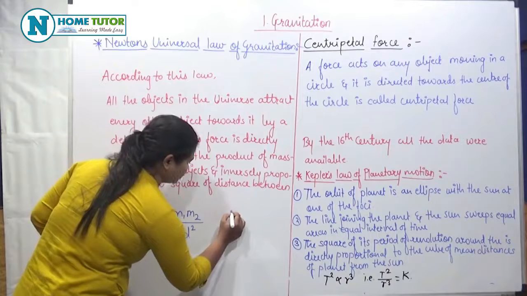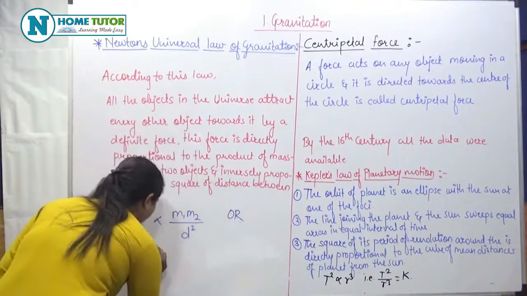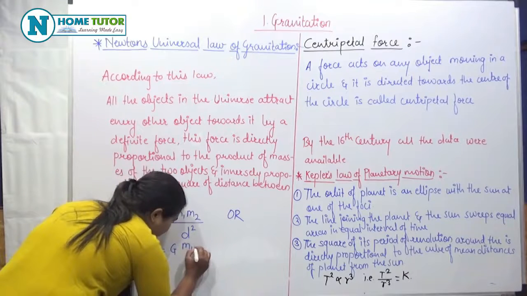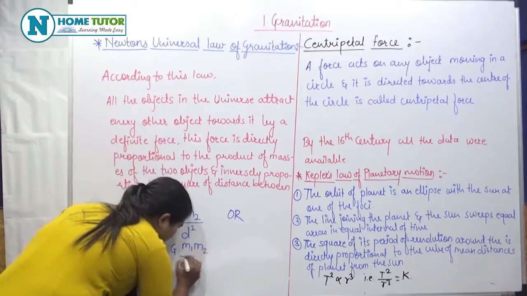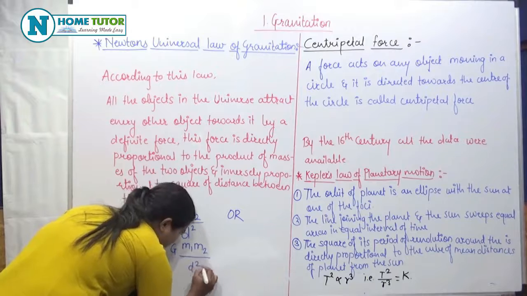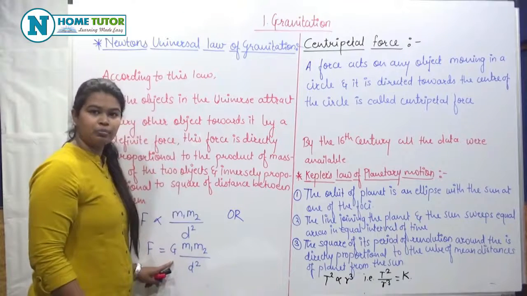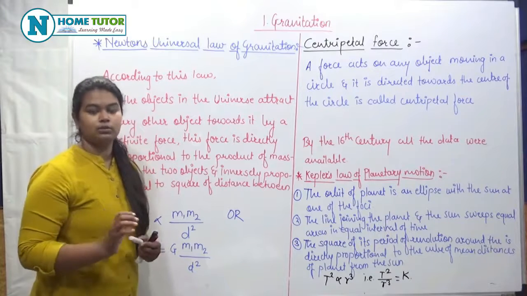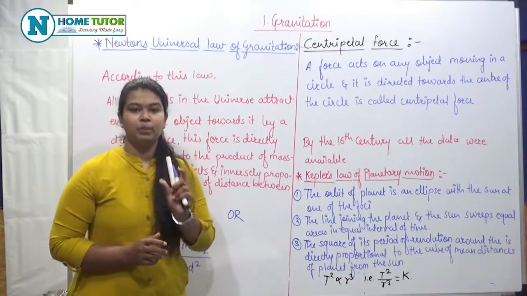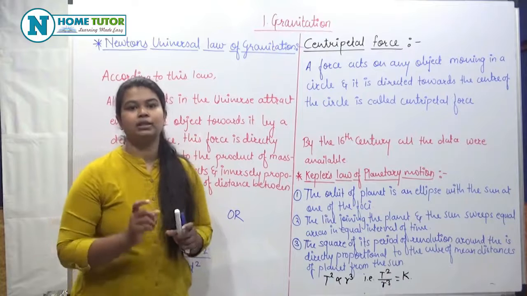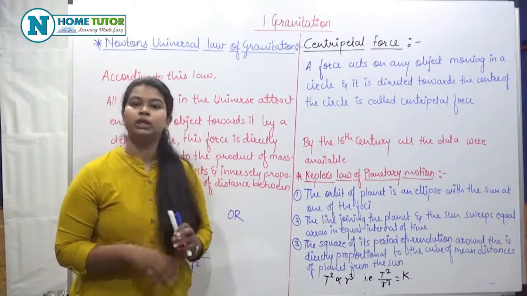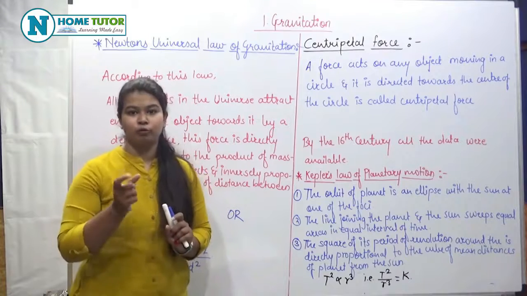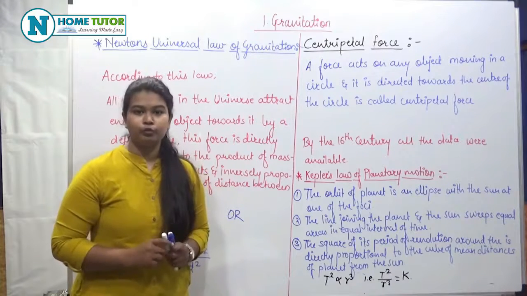Or it can be written as F is equal to G m1 m2 upon d square, where G is the constant of proportionality and it is known as the universal constant. Now this law means that if the mass of one object is doubled, then the force between these two objects is also doubled, and if the distance is doubled, then the force decreases by a factor of 4.